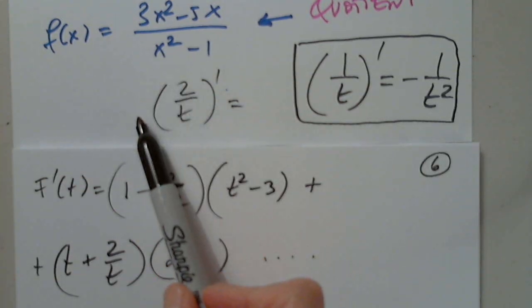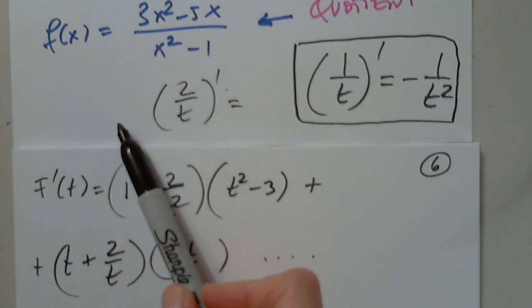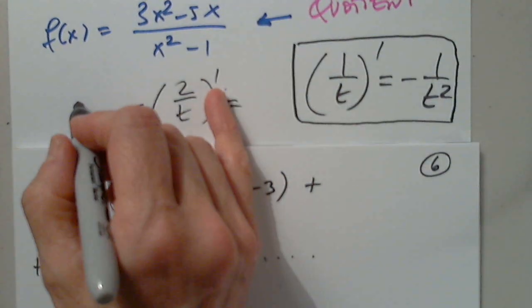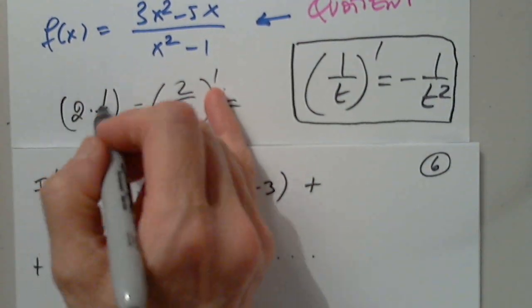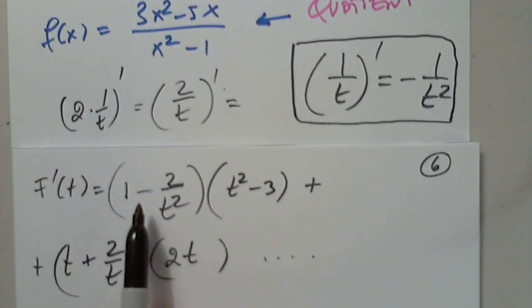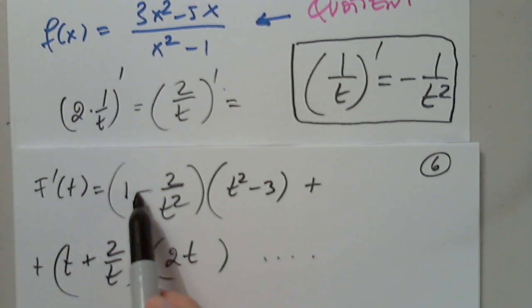If you move the 2 in front, because you're not differentiating, it's a constant, this is the same as 2 times the derivative of 1 over t, which is negative 1 over t squared. Right, and it's negative. Yes, it is.